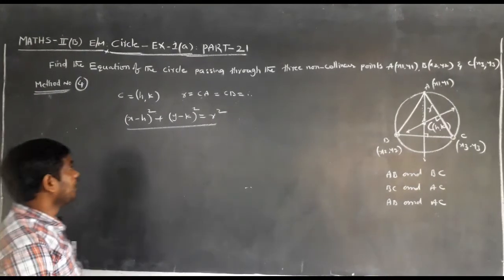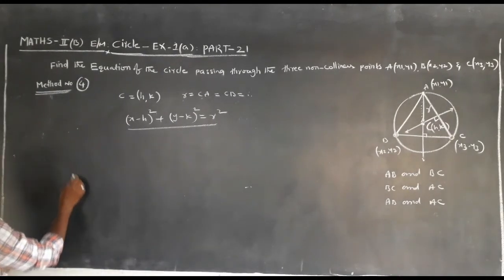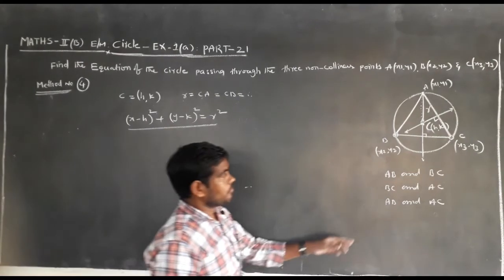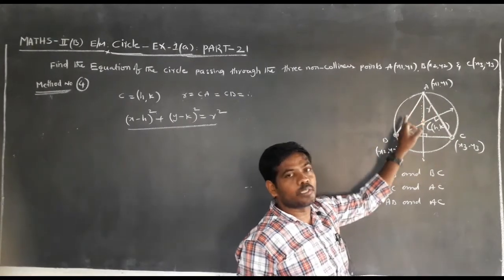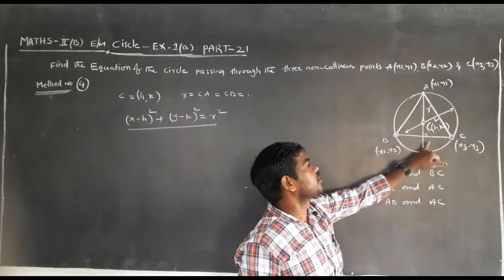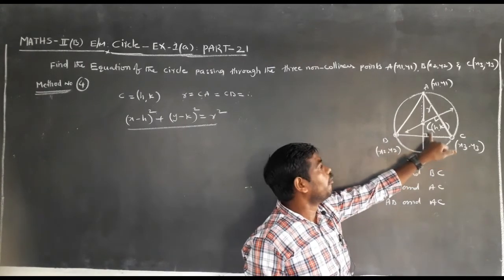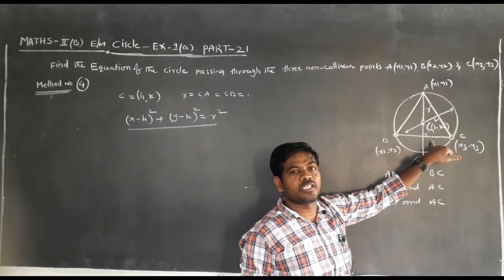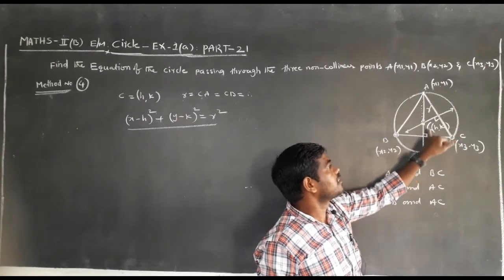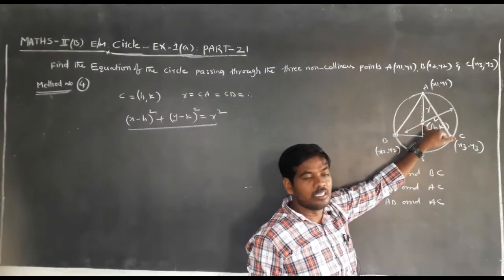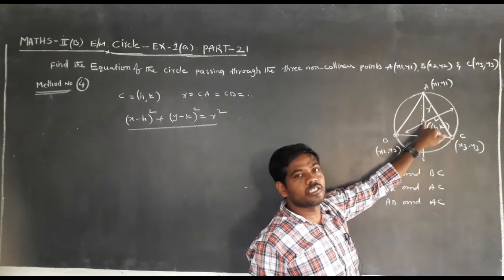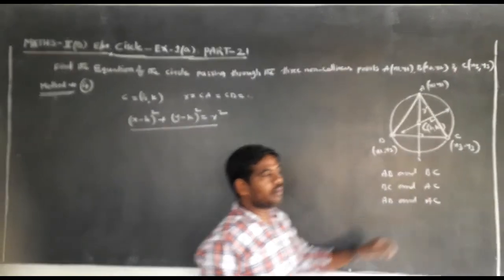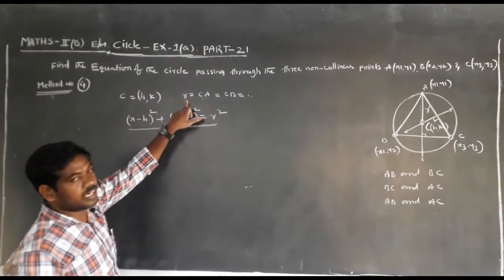First of all, we find any two sides and find the point of intersection of the perpendicular bisectors. The point of intersection is the center of the required circle. Again, the distance from the center to any point on the circle is the radius.